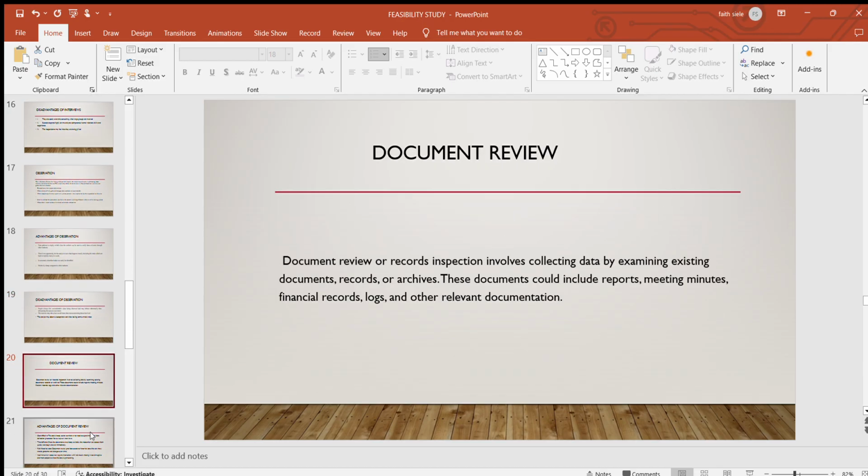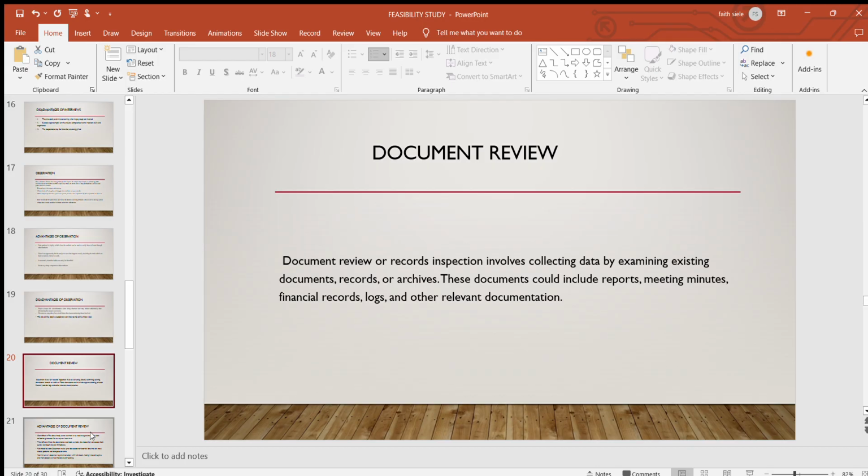So we also have document review. What does document review talk about? When you talk about document review or records inspection, it involves collecting data by examining existing documents, records, or archives.